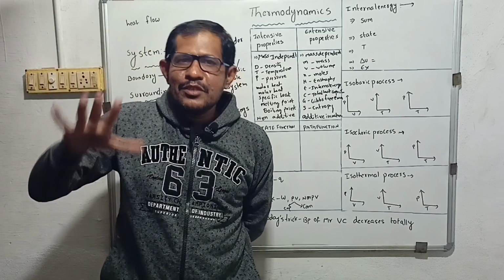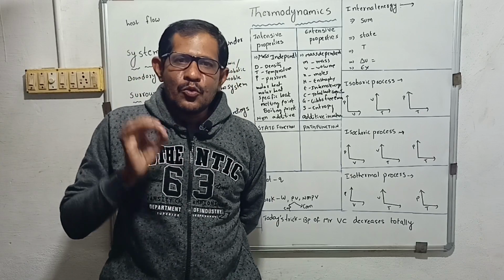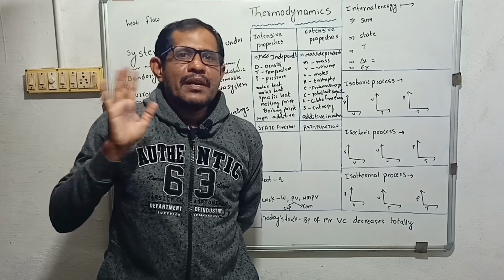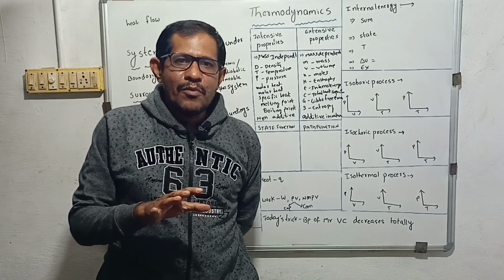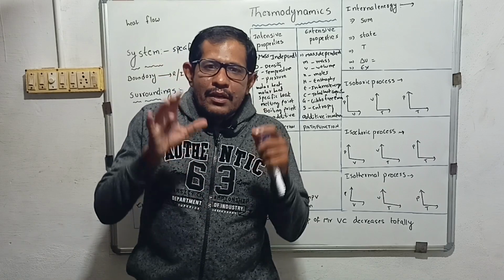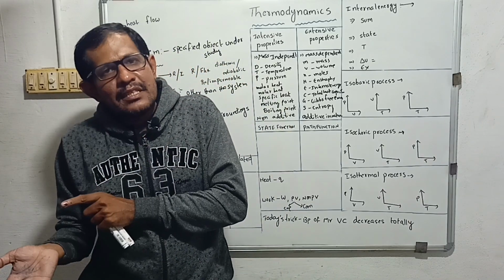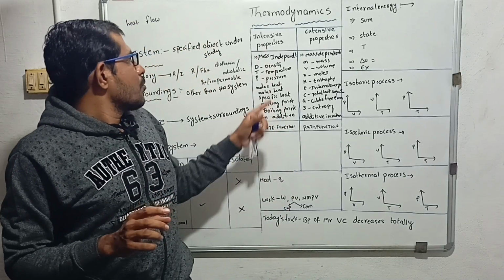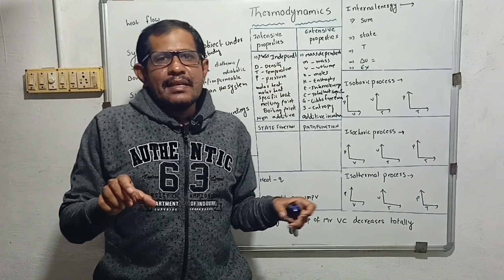The pressure still remains 1 atmosphere in the 2 parts of that room. That means it is independent of mass. So pressure is an intensive property. In such a way, we can identify which is an intensive property and which is an extensive property. The property which is independent of mass is an intensive property; the property which is dependent on mass is an extensive property.